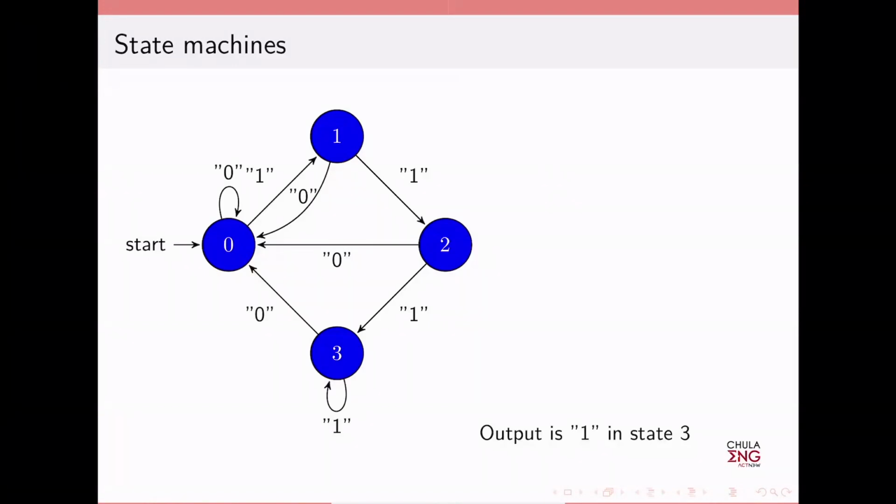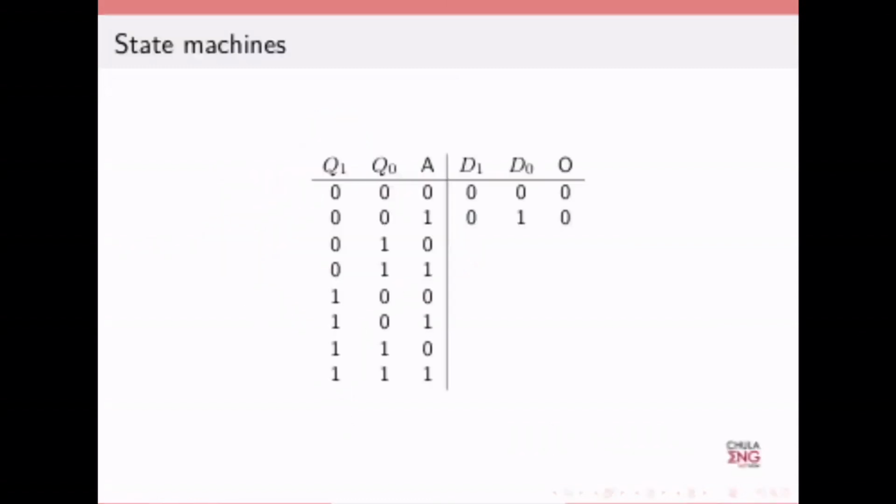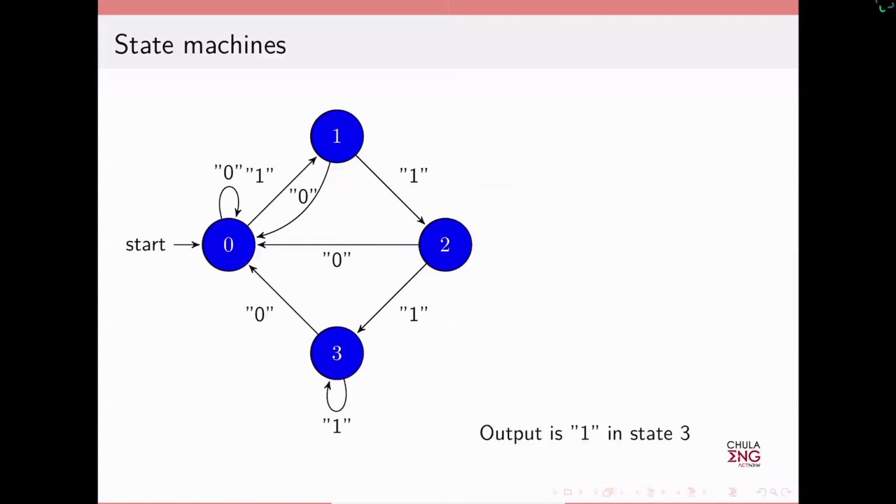If A is 1, then we change the state from 0 to 1, right? So we fill in the truth table accordingly. Just look at the state machine and fill in the truth table, saying if it's 0 and the A coming in is 1, then you have to transition from state 00 to 01 here. And then the output is 0. The next one is when you are in state 1 and the input A is 0.